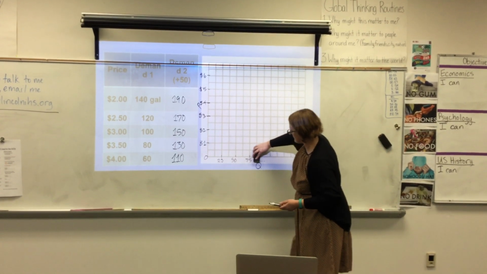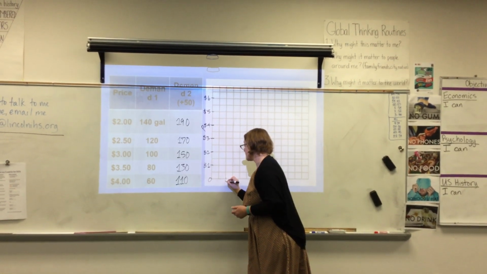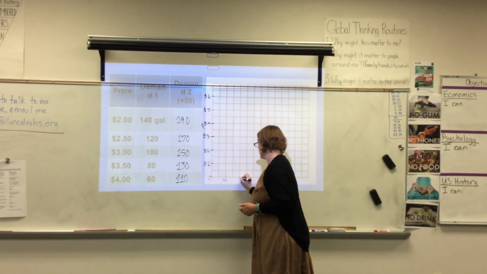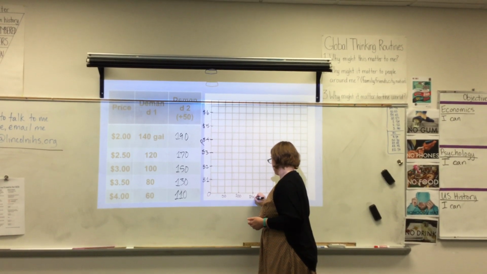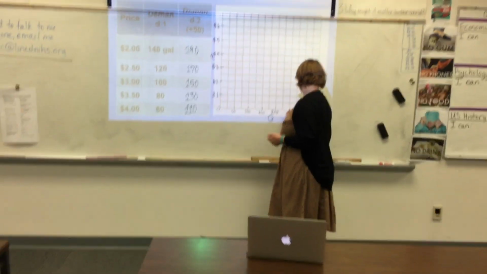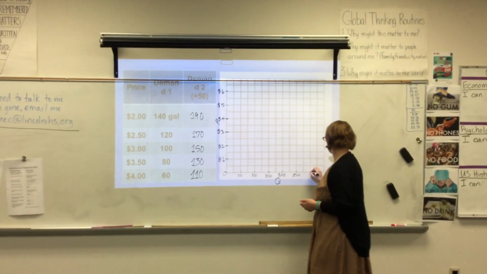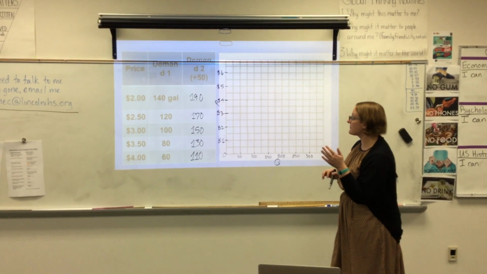So I'm going to do exactly what you're doing, which is probably erasing. I'll go with increments of 50. Didn't work the first time, we try again. 50, 100, 150, 200, 250, 300.